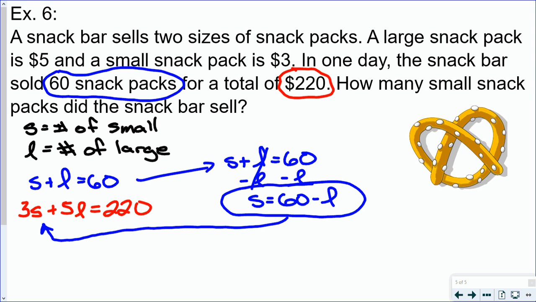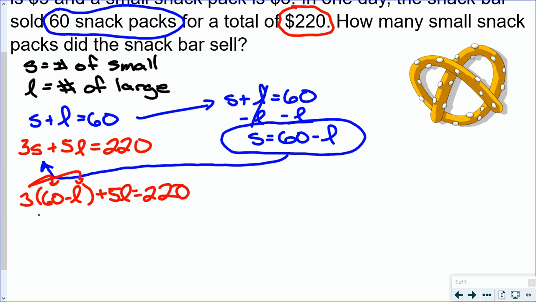Okay, so that's going to give me 3 times 60 minus L plus 5L. So again, I just replaced S with 60 minus L because they're equal. Equals 220. And I'm going to distribute here. It's a multi-step equation.